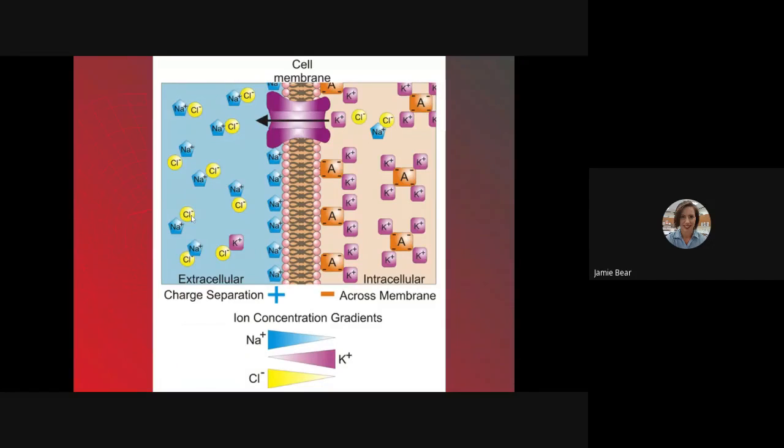So these two, along with calcium and chloride, are what make up our voltage inside the cells. Specifically, we're going to be talking about the cardiac myocytes.